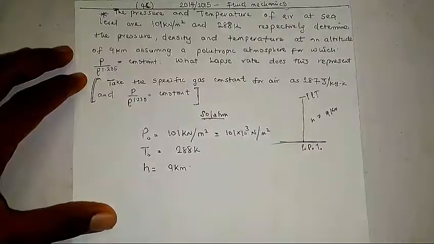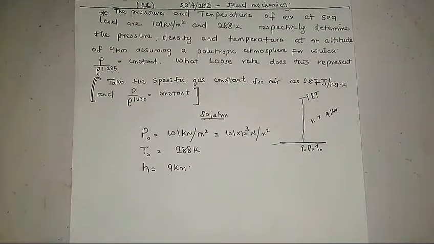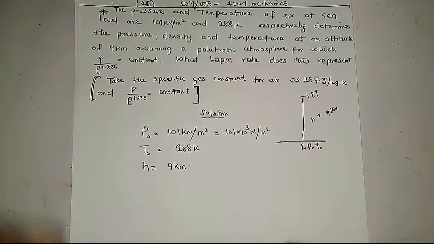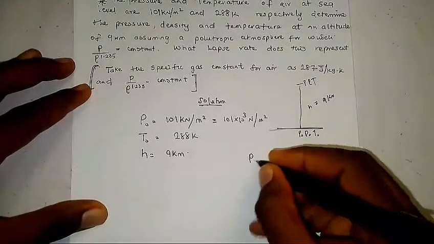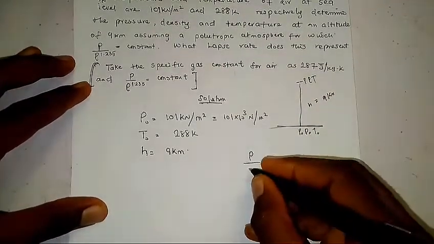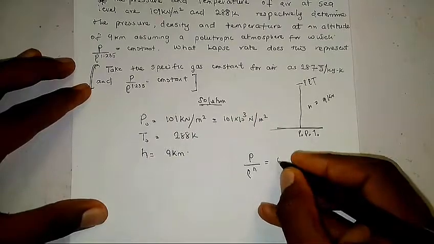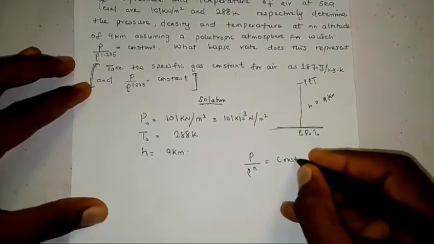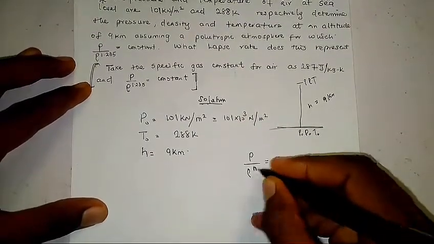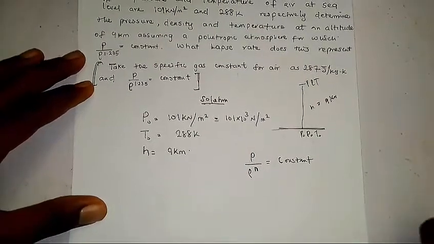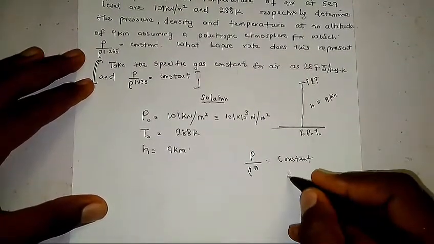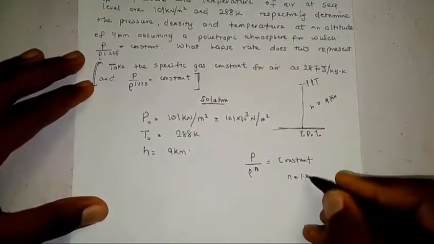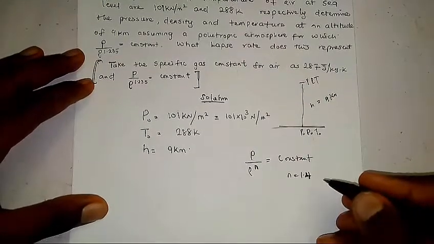Now from this, if you remember, a polytropic or an adiabatic expression is written as P over density raised to power n equals constant, where n can be a polytropic constant or an adiabatic constant. If it's an adiabatic constant, n will be 1.4. So if it's not 1.4, it's a polytropic process.